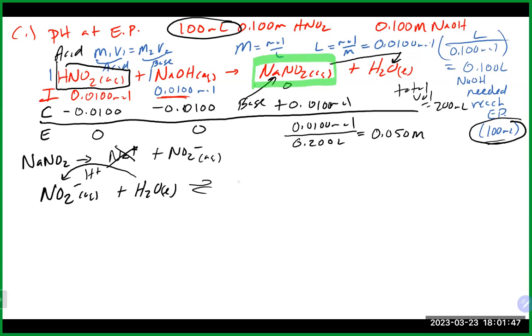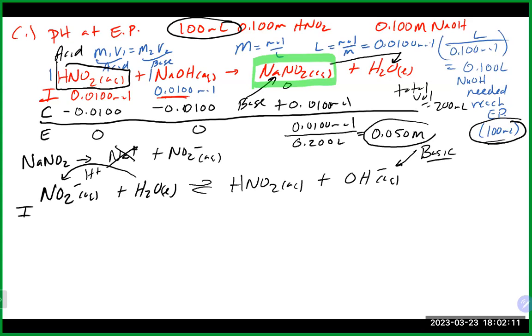The result of that is we're going to form the acid it came from, and we're going to form a little hydroxide. That means once again, without finishing the calculation, we should know we should end up with a basic pH as we're producing hydroxide in this case. We're going to ice table this with our molarity, which hopefully is correct at this point.